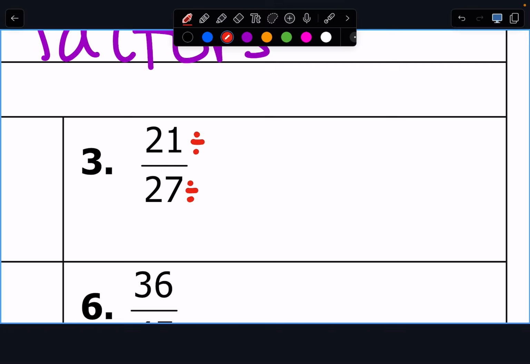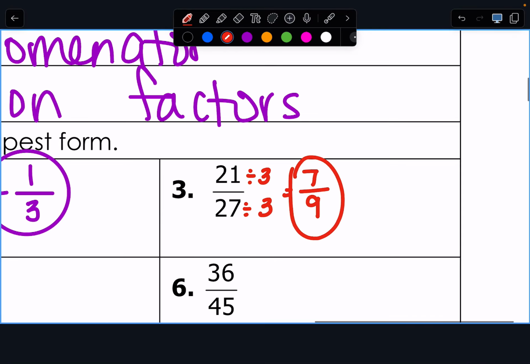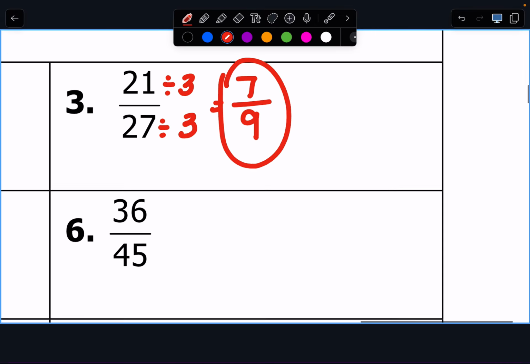Are you okay with 3? Yeah. Because what's 21 divided by 3? 7. And what's 27 divided by 3? 9. Okay. Thank you, fellow classmates.